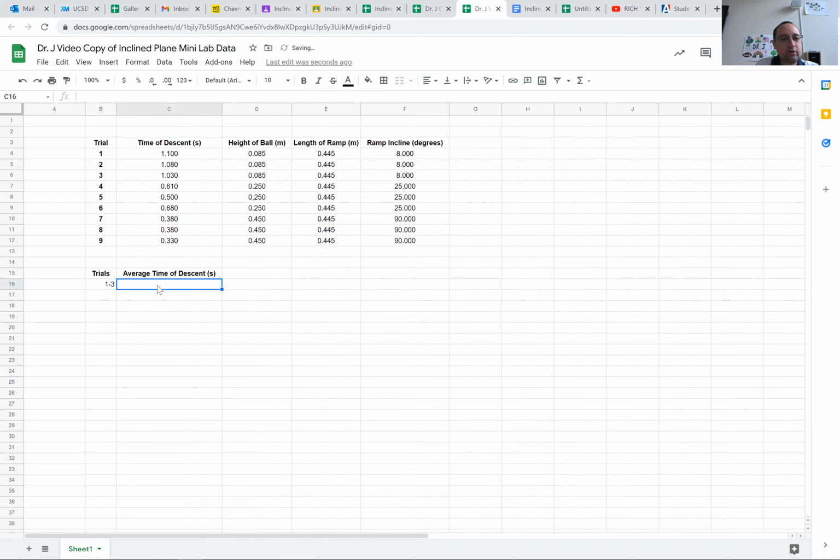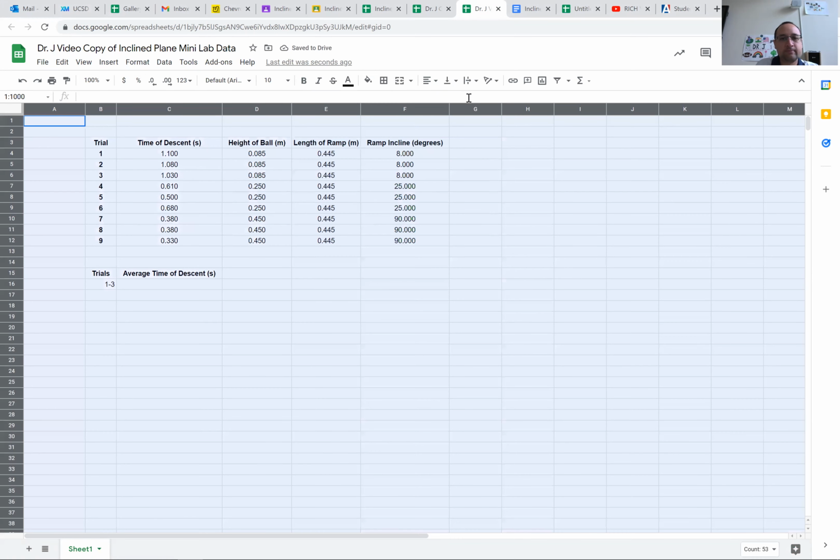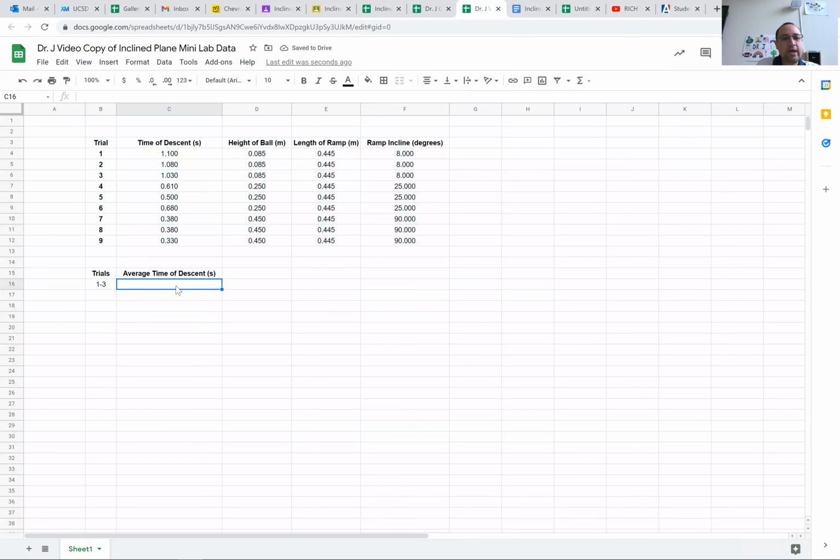All right, and so what's the average? Oh, and I always like to have everything centered, so I'm going to center align everything. I'm going to do that for the whole thing. Center align, good. Okay, so if I want to calculate my average for those first 3 trials, I have to notice that these trials are in column C, rows 4, 5, and 6.